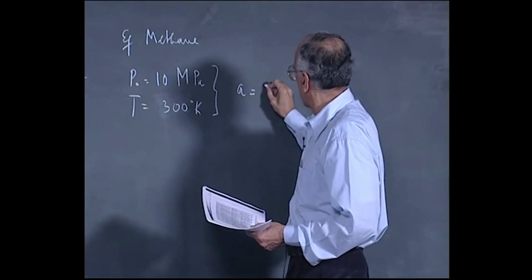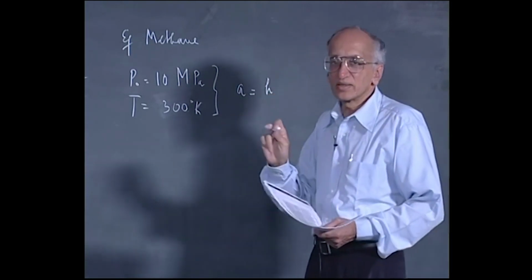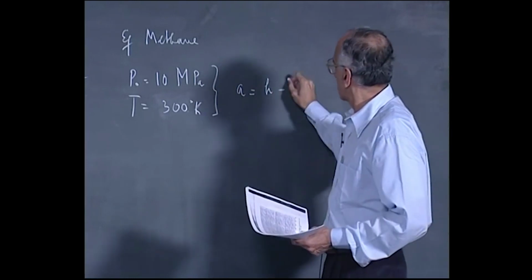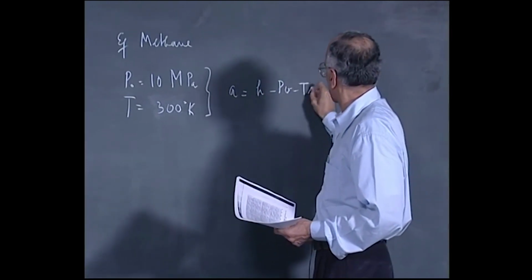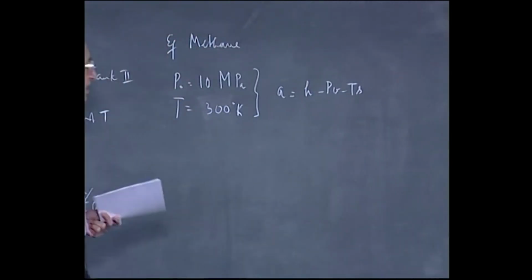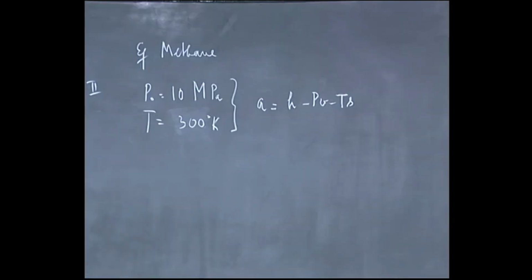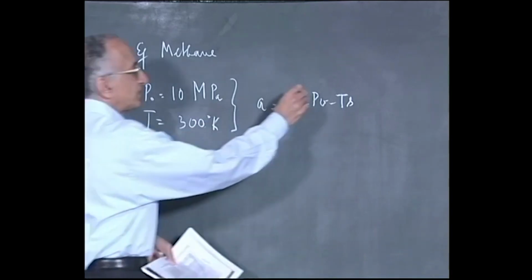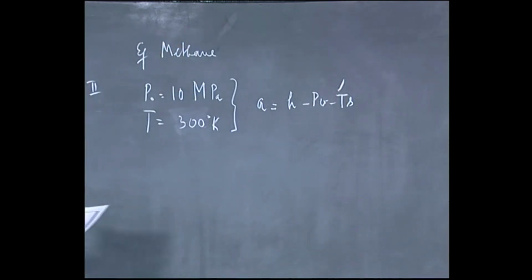A is H minus PV minus TS, right. You need to get several variables. I have H, PV, T and S, all these are available on the chart. So T is known, you have to read S on the table.